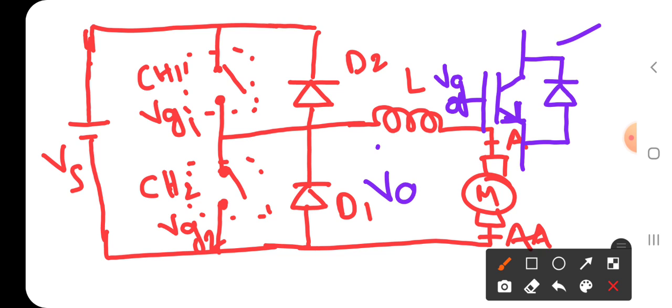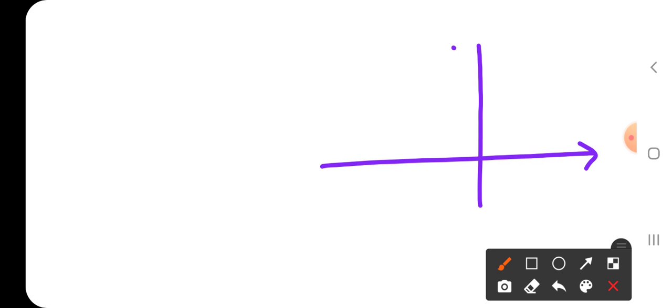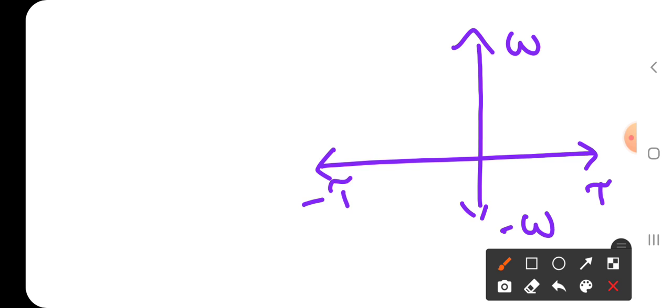This is VA. This will operate in two modes, two quadrants. I hope all of you have taken this circuit diagram. This will operate in two quadrants: torque, speed, and minus torque, minus speed.